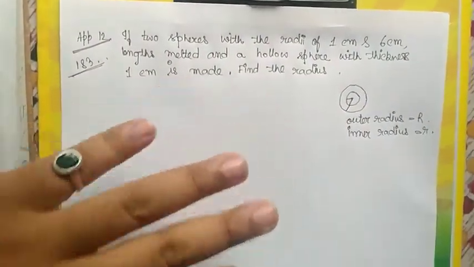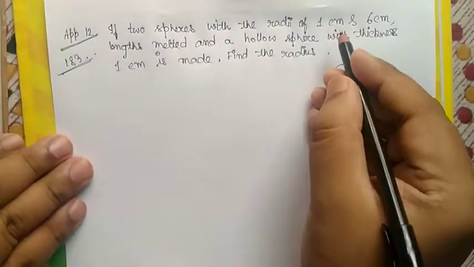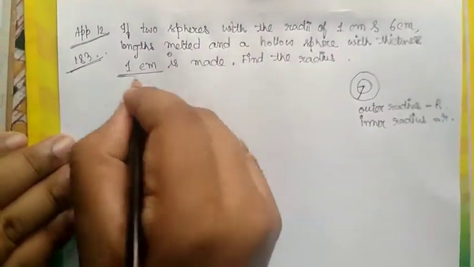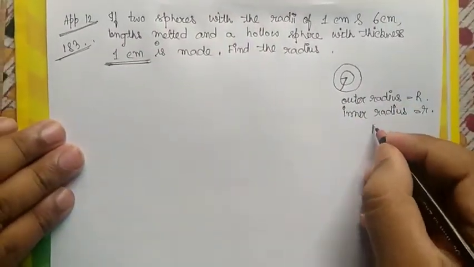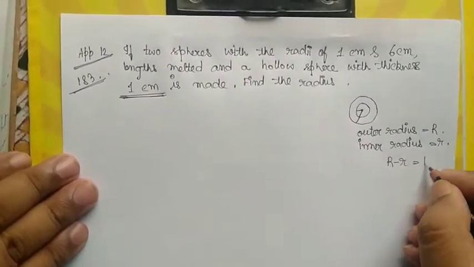Here we assume that. Now the thickness is 1 centimeter. It's given. So R minus r equal to 1 centimeter.